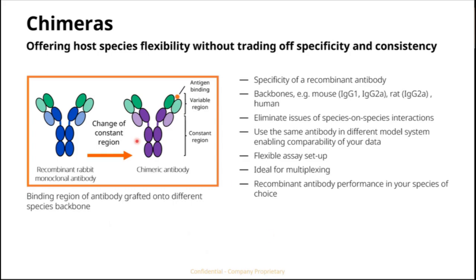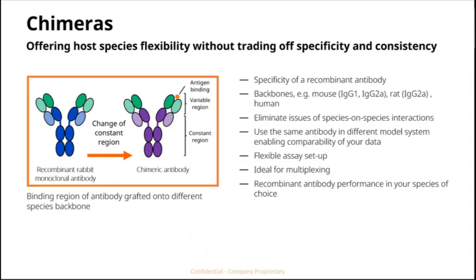So in this example, you can see that the green color is the variable region where the antigen is binding, and then we change the Fc region into a different species so that now the antibody is actually raised in a different species backbone.